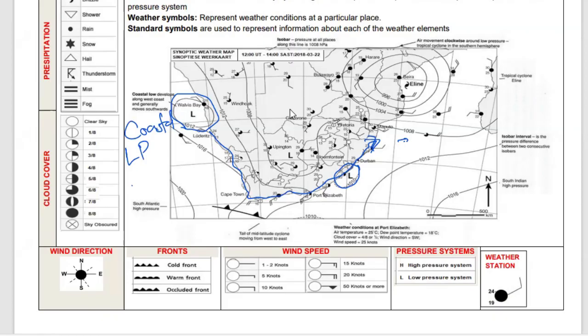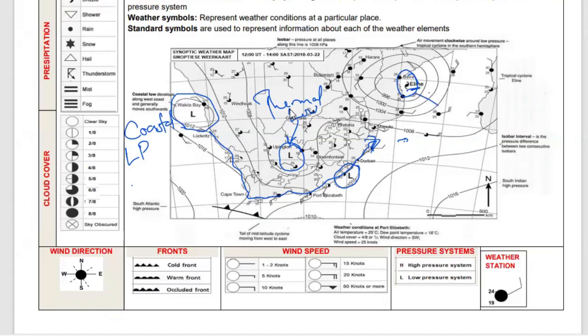Then if we check here, we have another low pressure which is over the interior. This low pressure cell here, which exists over the interior, geographically we name it a thermal low. Thermal in the sense that it is caused by heating, which happens over the interior, creating a low pressure cell. And we also have this symbol here, which is written Elin.